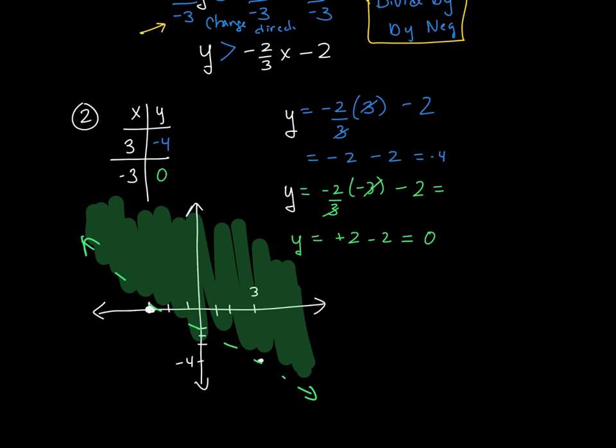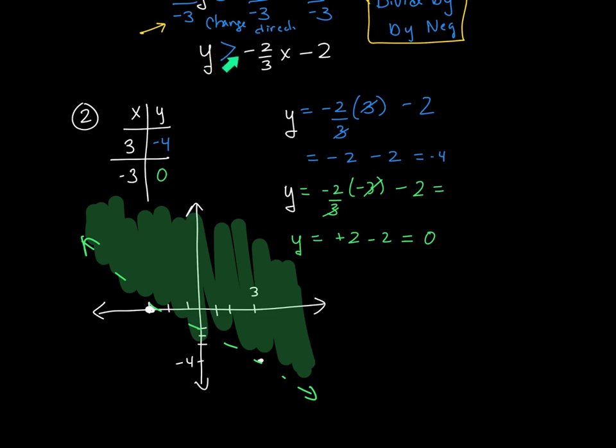All right. Any questions on that? The reason it's not a solid line is because this symbol doesn't have the equal to portion of it, so it is strictly greater than.